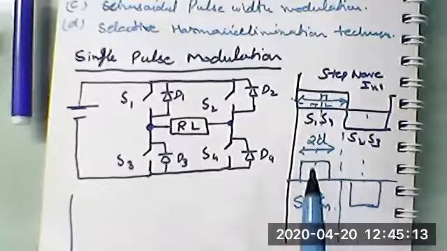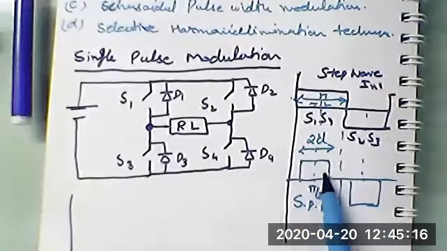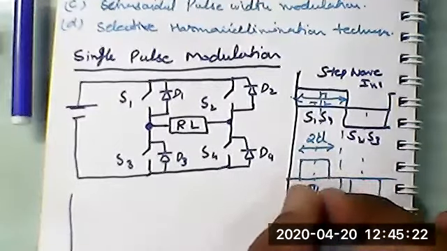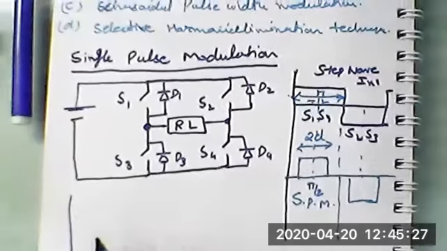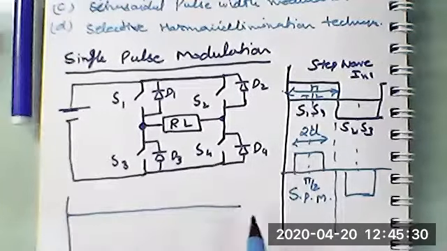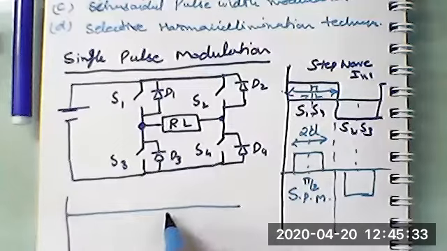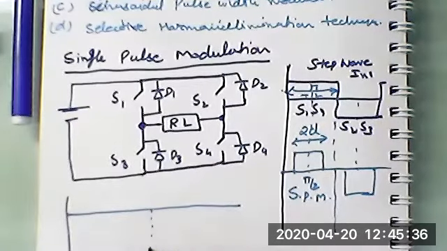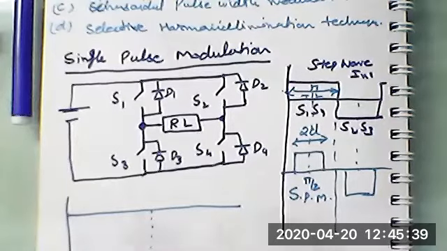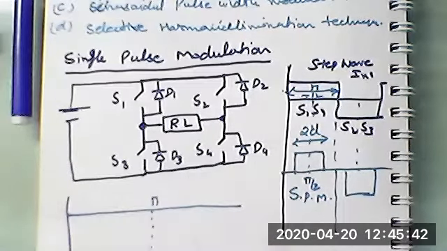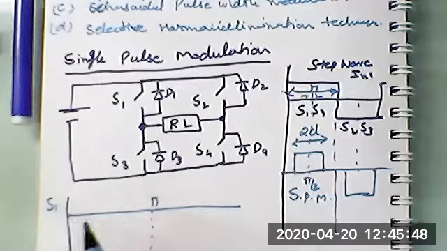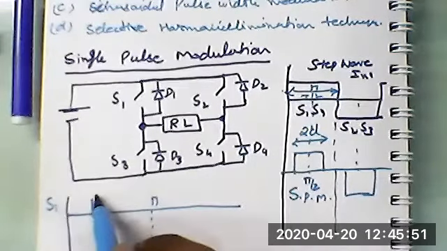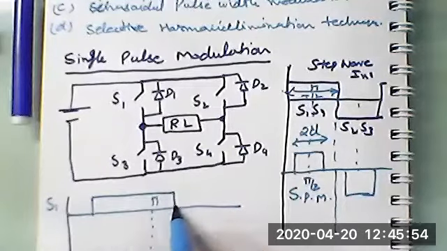Now the question is, how do you generate this type of pulse, which can control this width, means it should be of 2D width. It is very, very simple. What you have to do, this is your pi, right? You have to delay the pulse of S1 by firing angle alpha.